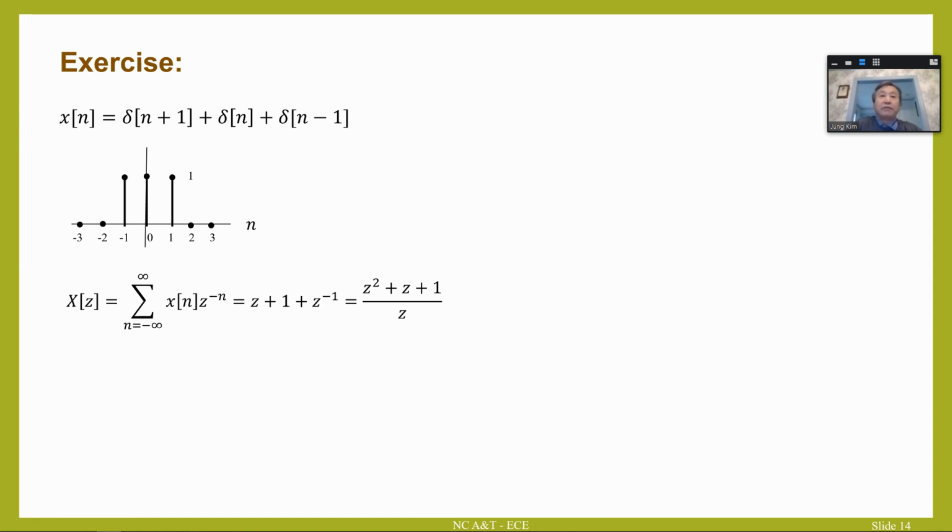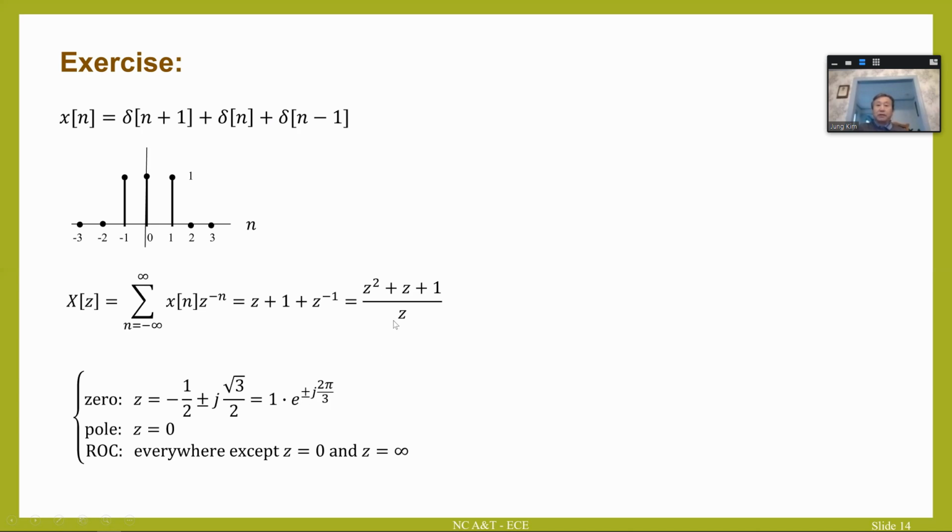So everywhere except z equals 0 and z equals infinity. Then the region of convergence is everywhere except two points. If we take 1 over z as a common term, we have z squared plus z plus 1 over z. So we have this one.